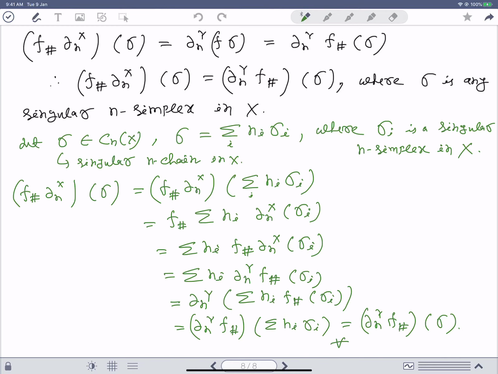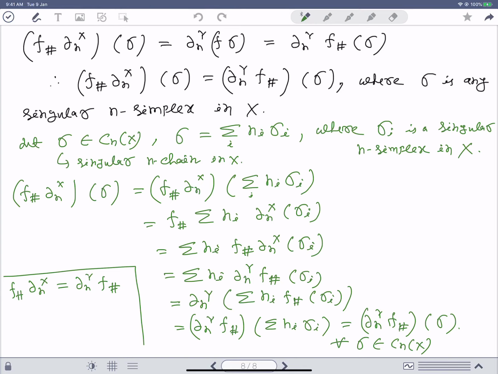Since this equality is true for all sigma belonging to Cnx, therefore we can write f hat del nx is the same as del ny f hat.